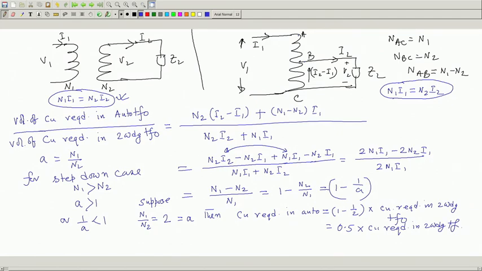So, if you require say 10 kg of copper to make a 2 winding transformer, you will be requiring only 5 kg of copper to make an auto transformer, is it not.